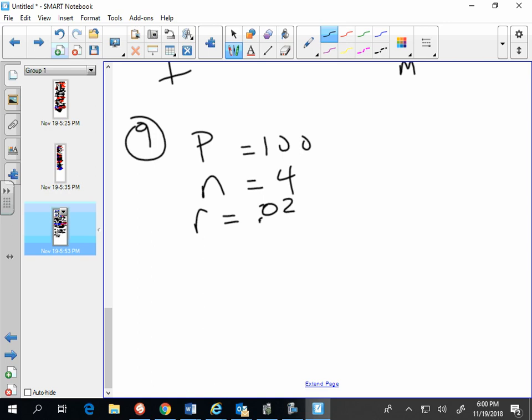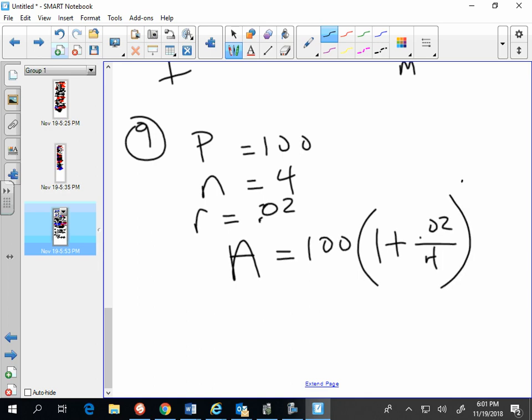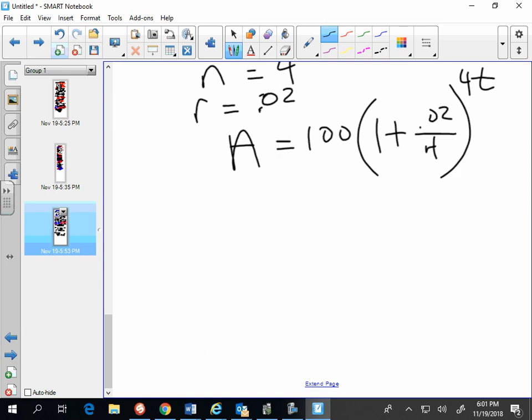So if I build my model for the amount of money I have, that model would look like 1 plus 0.02 over 4 raised to the 4t. I know many of you don't like to leave this in that unsimplified state, so I'm going to do 0.02 divided by 4, and I get A equals 100 times 1.005 to the 4t. There's my model for the value of my money.